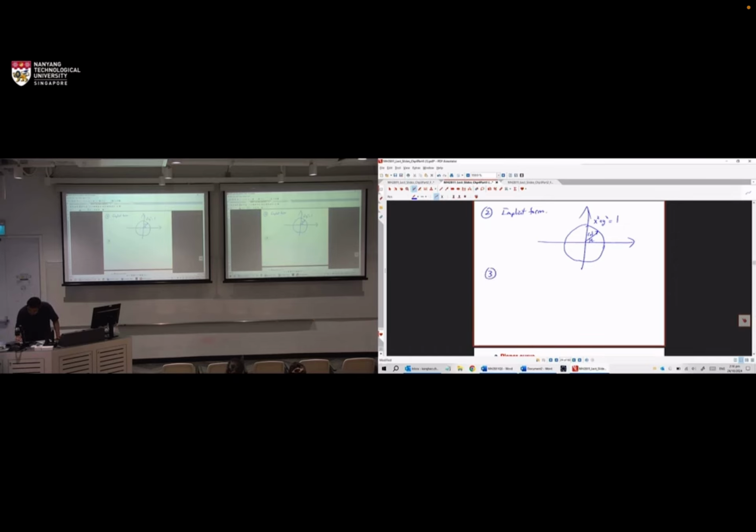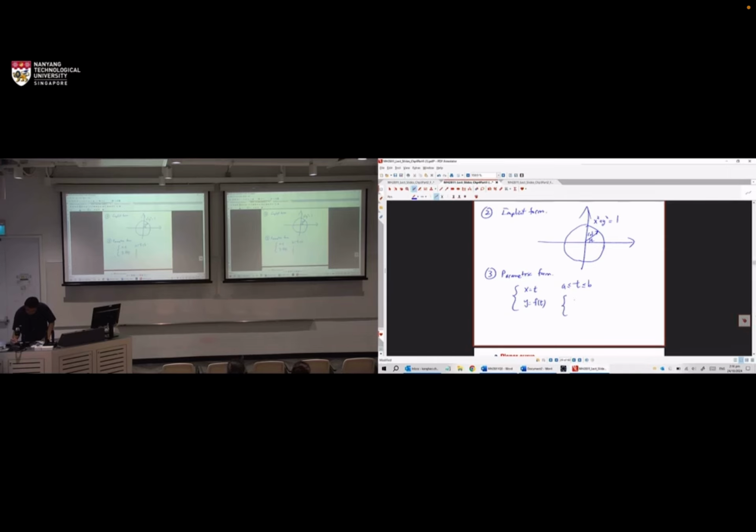Number 3 is what we are interested in, called the parametric form. You will always be in this form: x equals t, y equals f(t), where t is between a and b.